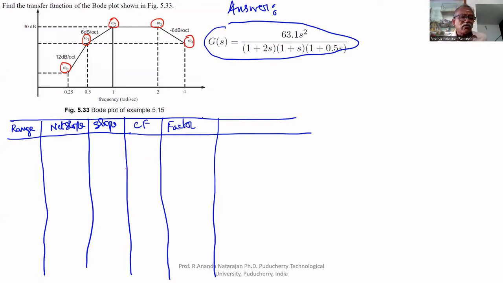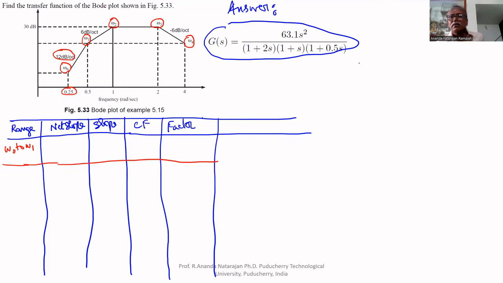Omega naught is 0.25, and the magnitude is given there. Here the range is omega naught to omega 1. What is the slope? The slope is 12 dB per octave.